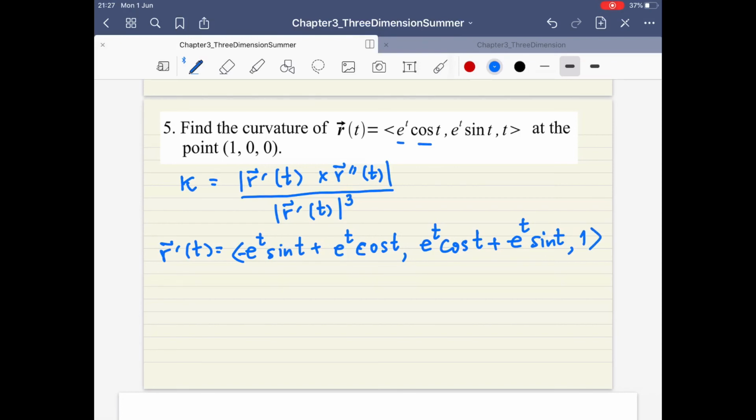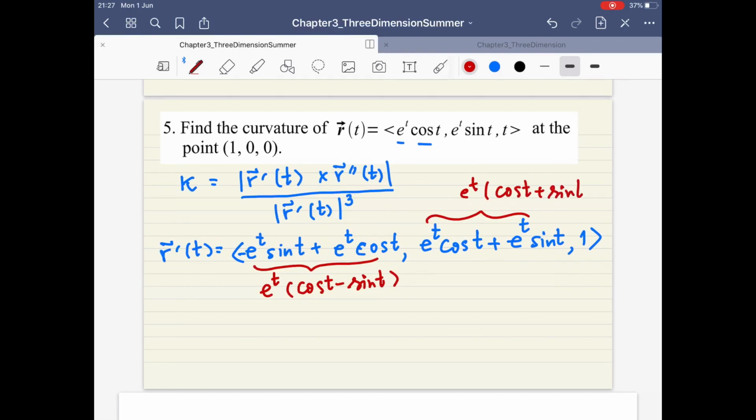So now you just combine, so you have e to the t cosine minus sine, and e to the t cosine plus sine.